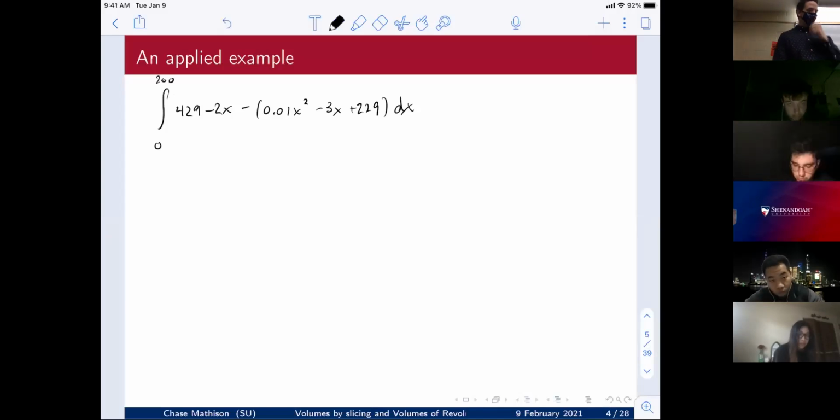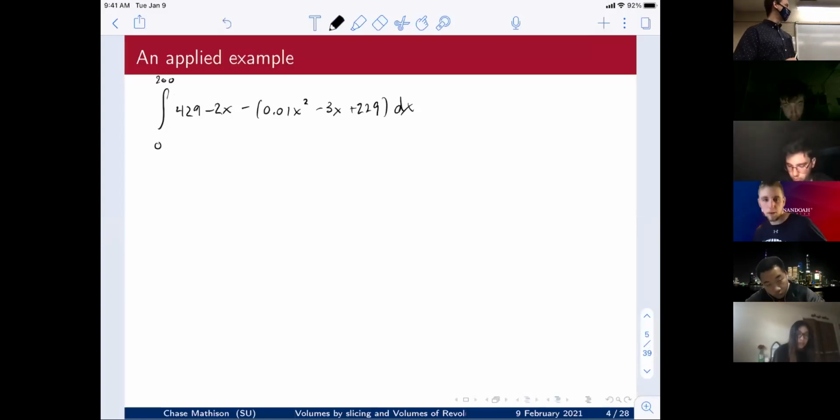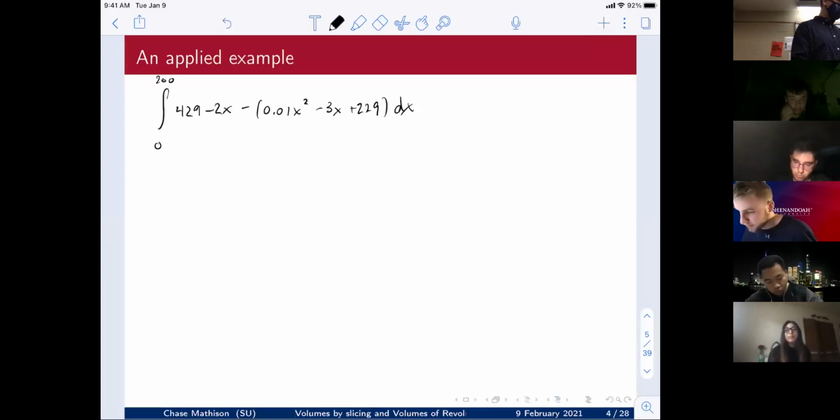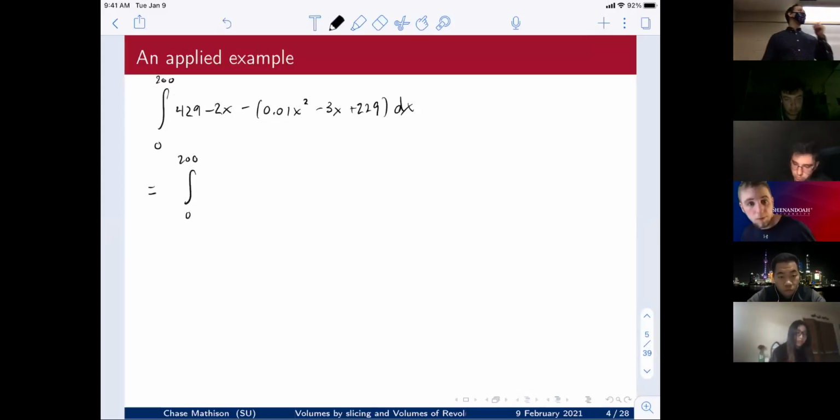Give everybody a second to copy that down. Okay, the rest from here is simplification, and then we'll have a philosophical discussion about what the area actually represents.